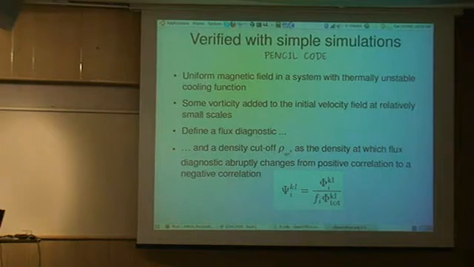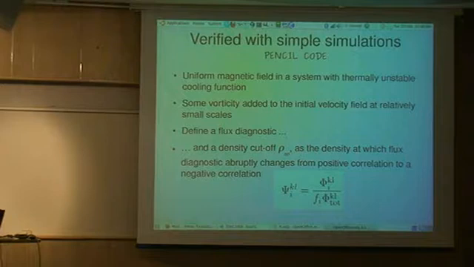Then we calculate the flux through each of these gas elements with certain density. So we calculate the magnetic flux through them and scale it with the total flux plus the filling factor.